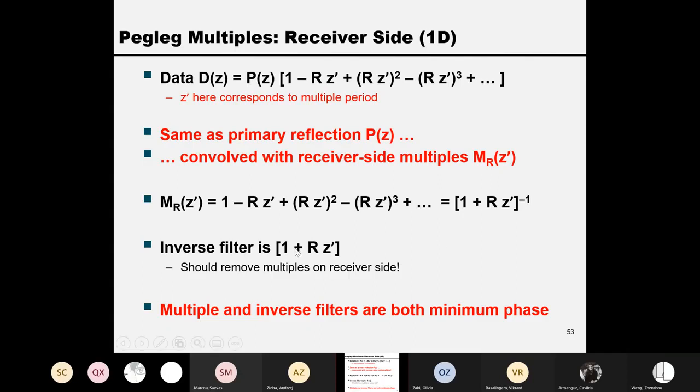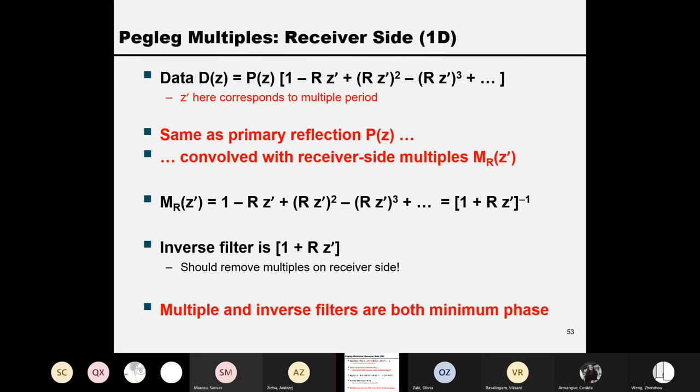So if we apply the inverse filter to your data, you will cancel the multiples and end up with the primary. Again, both the filter for multiples and the inverse filter are minimum phase, right? Identical.